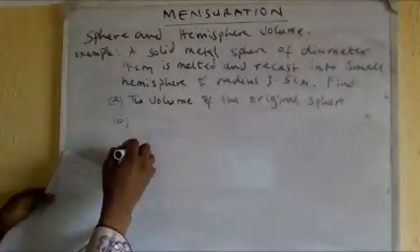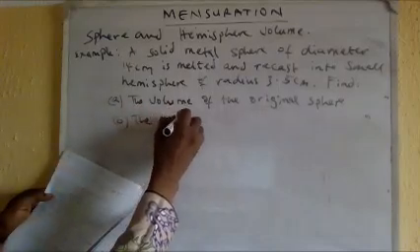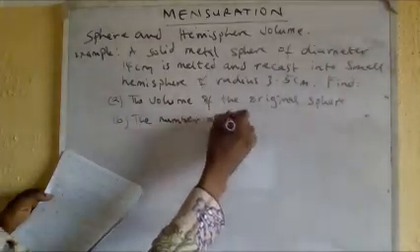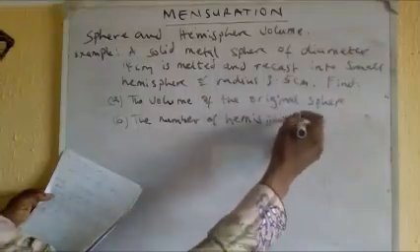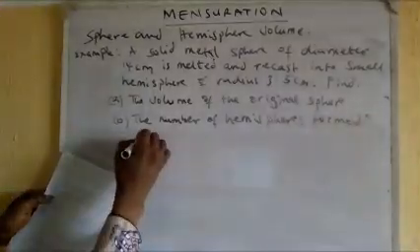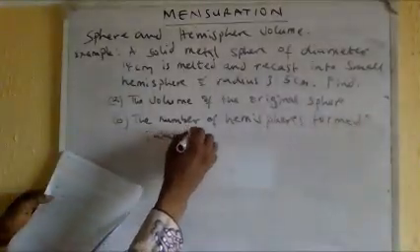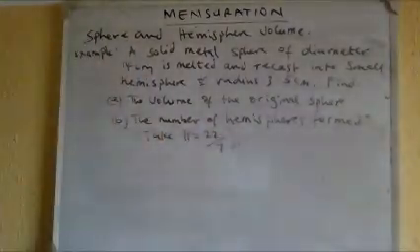B, the number of hemispheres formed. So we are to take pi as 22/7. Take pi as 22/7.